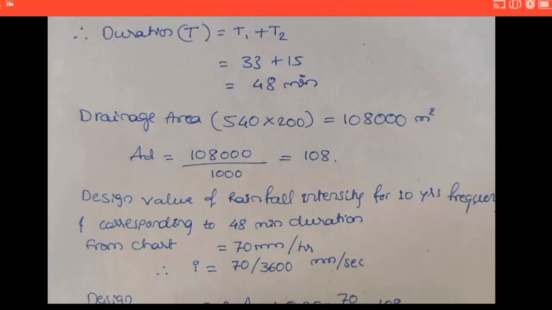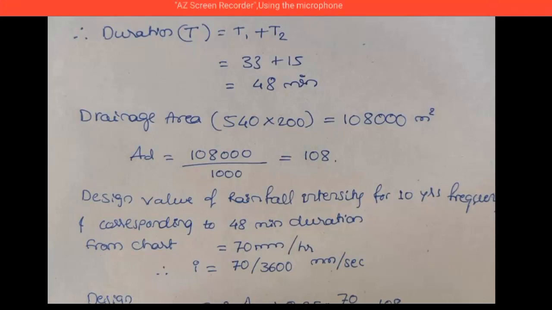Next is drainage area. They have given the length, that is 540 meters, and the length of the side drain is 200 meters, so AD is 108 times 1000 meter square, that is 1,08,000 meter square.